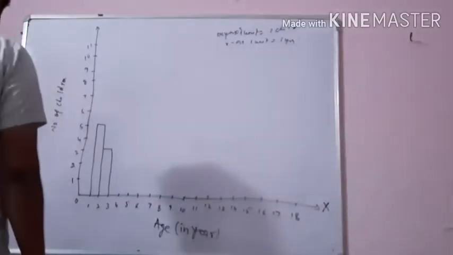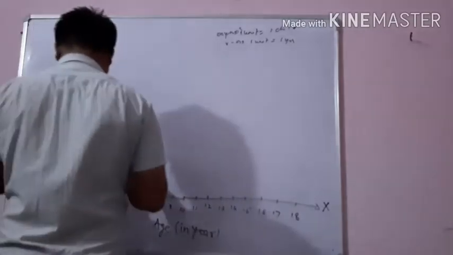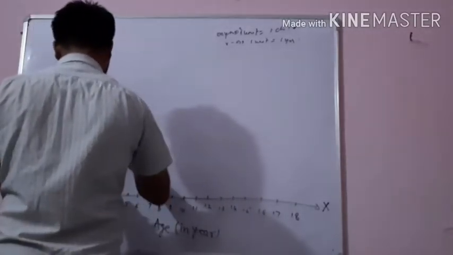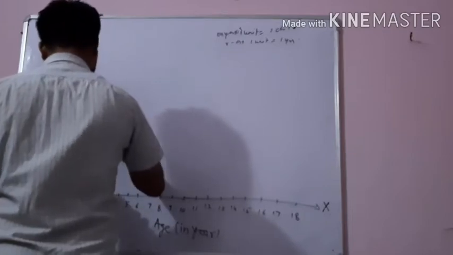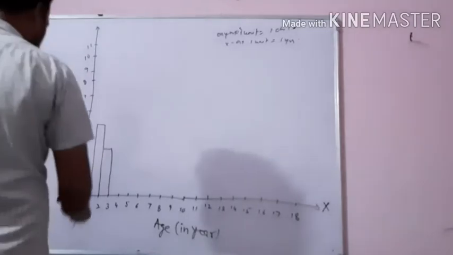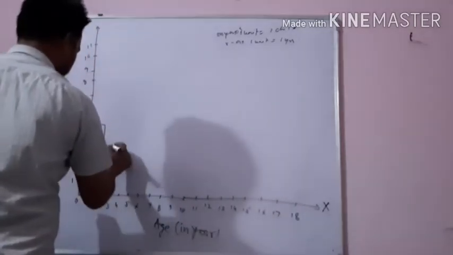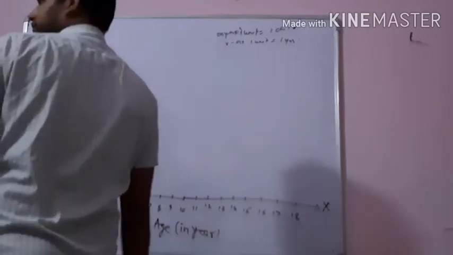Next, 3 to 5 the frequency is 6, but our width is 2. So 6 divided by 2 will give 3.